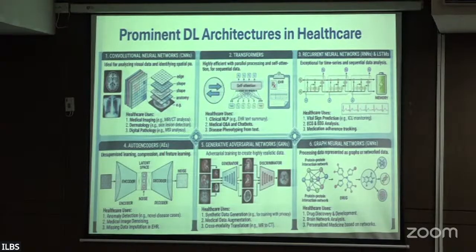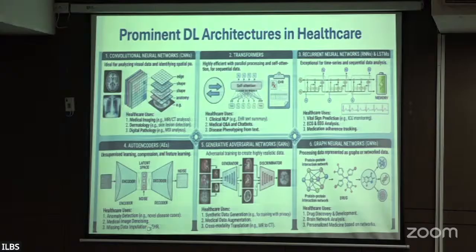Other important architectures are time-dependent sequential data analysis neural network, that is called recurrent neural network. Another most important, very newly invented, is transformers. It has enormous area of analysis, so we will look into it.